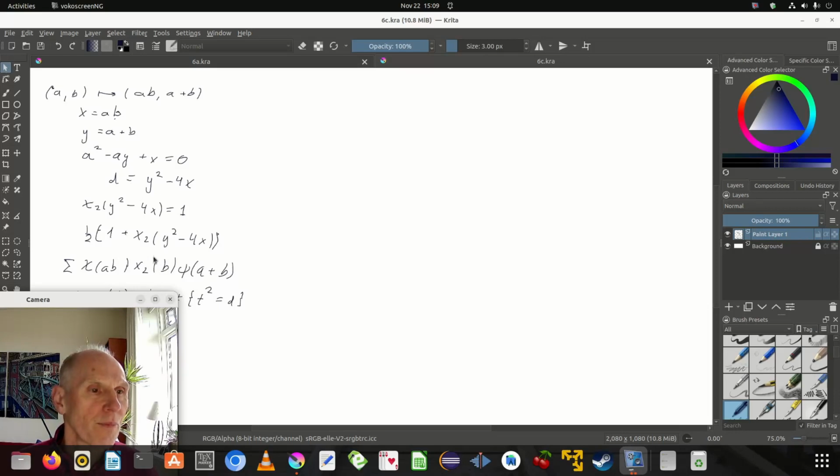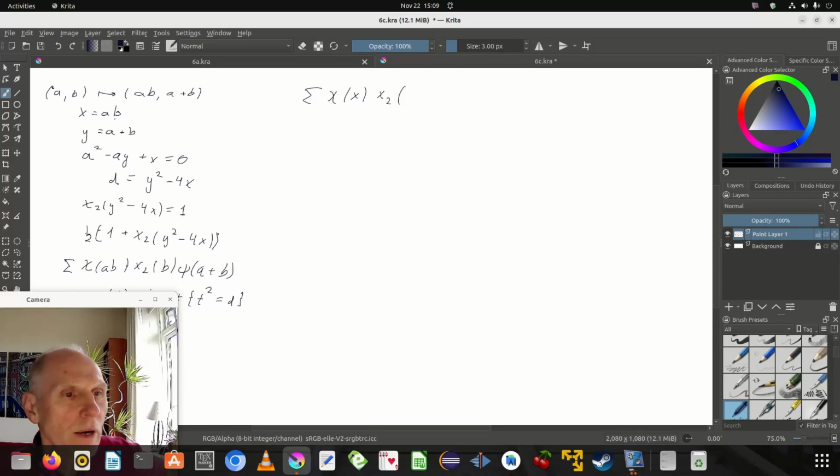So we could actually get it from here. Let's try that and see what we get. That's chi of x, psi 2 of b. No, we don't get it. We have to actually solve it and take the square root of d. So there's no hope.